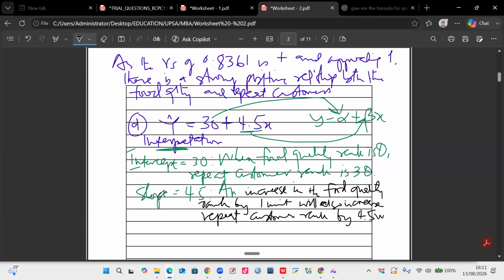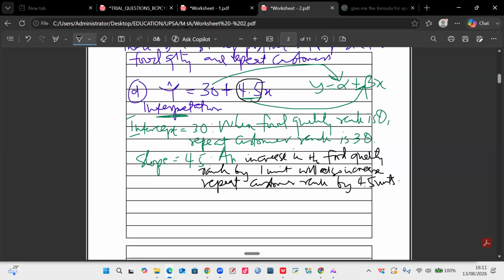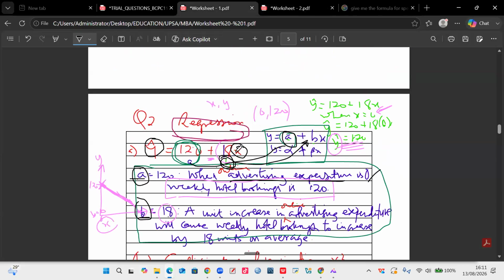Yes, that's it. So always, if X increases by 1 unit, then Y will increase by the coefficient of X. Here, X increased by 1 unit and Y increased by 4.5 units.